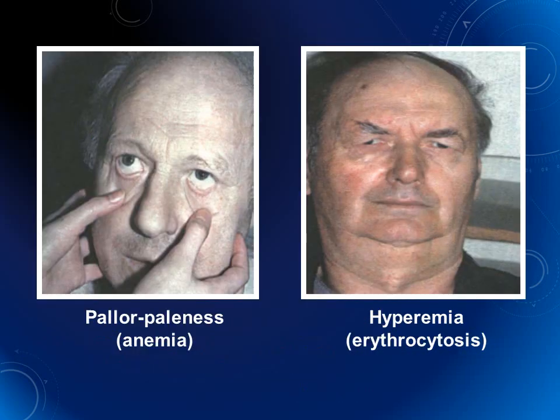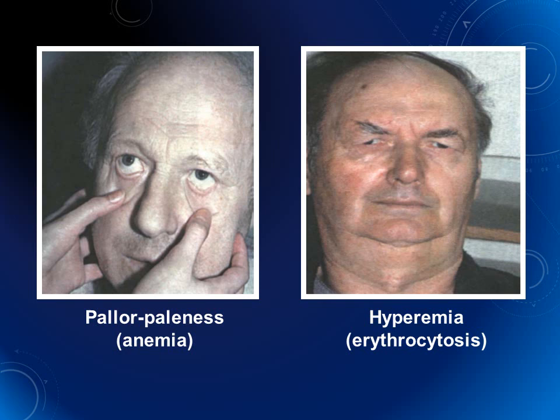Paleness of skin and mucous membranes can be found in patients with decreasing of oxyhemoglobin or decreased peripheral perfusion. The main causes of paleness are anemia, physiological in patients with fair skin, shock, hypoglycemia, and other metabolic derangements.